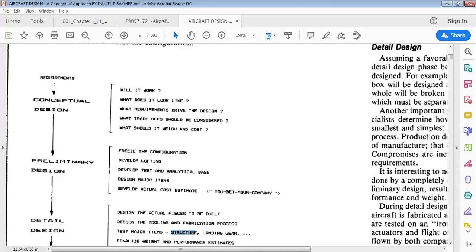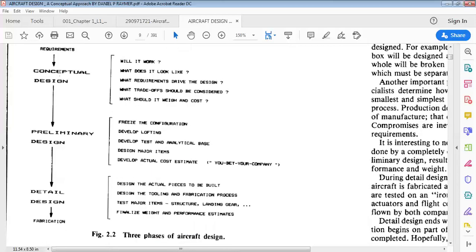It means W naught, W0, with a subscript 0. It includes crew weight, passenger, fuel weight, and empty weight. I will show you further on the equation for the total design gross weight. Once it is done, we are going for a fabrication process.